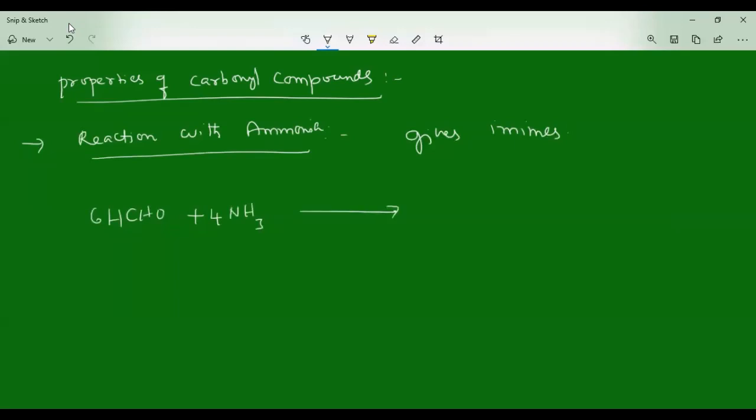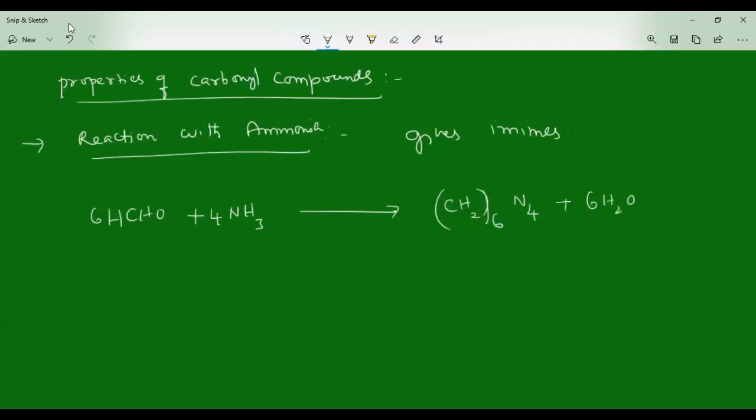You will be getting a compound called urotropine. That is hexamethylene tetraamine. Methylene is CH2, hexamethylene means 6 will come like this, and 4 nitrogens for 4 ammonia also join with these methylene groups. This is (CH2)6N4 plus 6H2O.